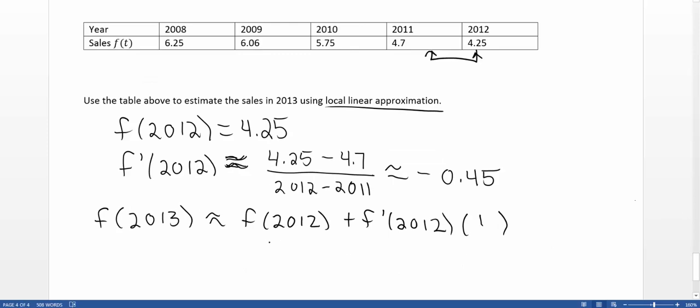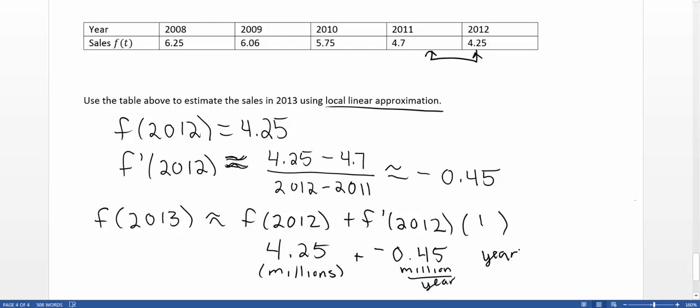So f of 2012 is 4.25, and this again is in millions of CDs, plus the derivative is negative 0.45, and this is in millions of CDs per year. And this is 1 year, right?